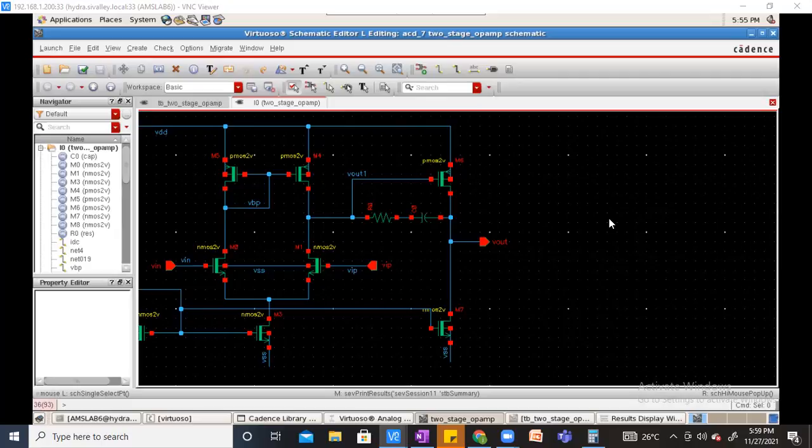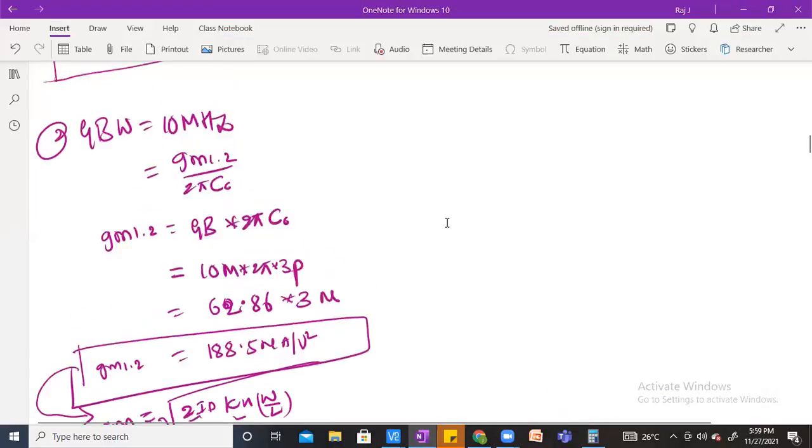Okay, I think we have done DC, AC, transient, stability, slew rate calculation, rise time, settling time. What are the things we left?